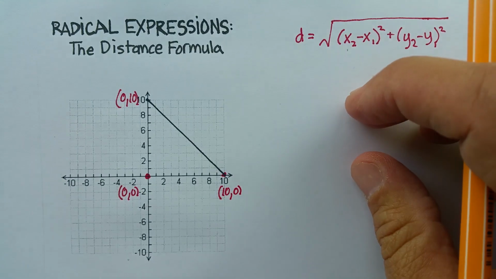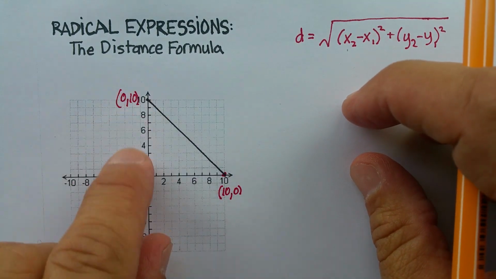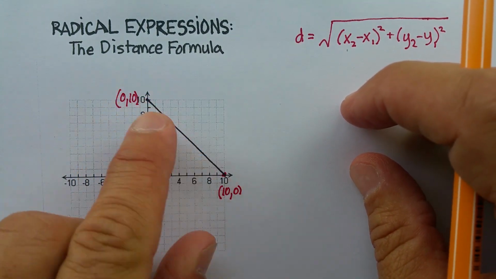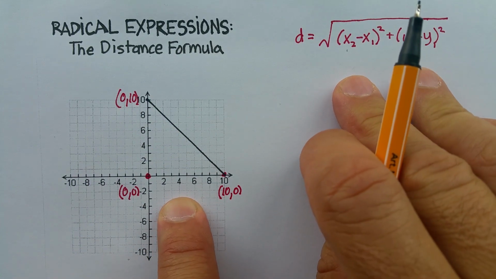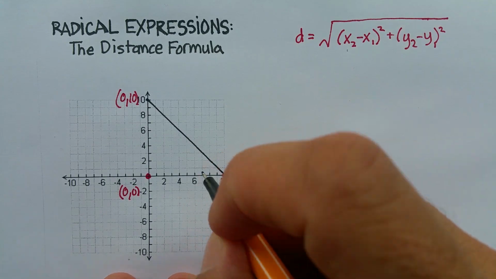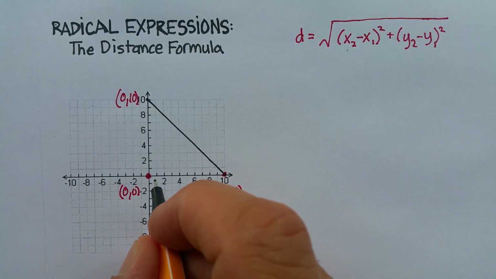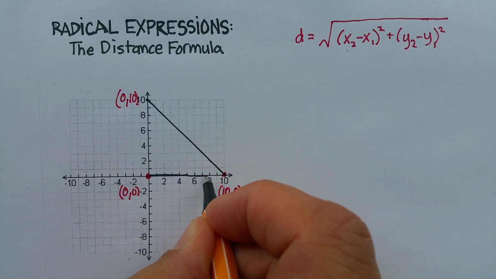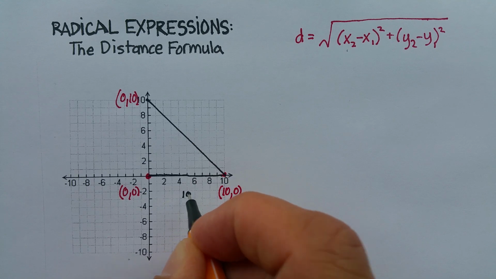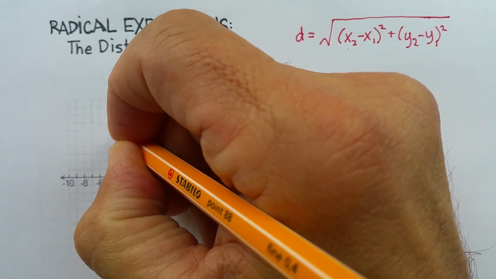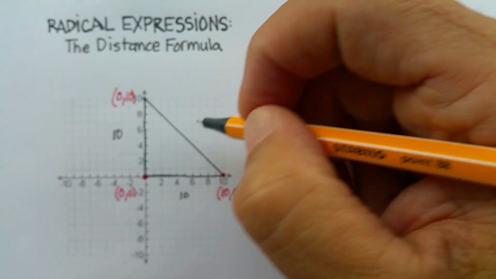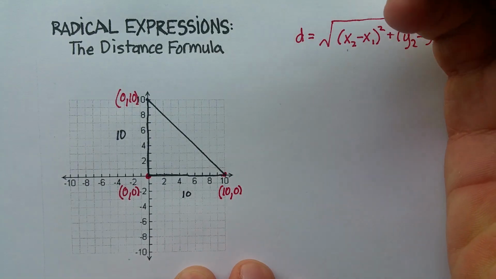I can't just count the number of units over because it's increasing in size. So that's when this distance formula becomes very important. I'm just going to complete this triangle. We already knew that that distance was 10 units, and now we're trying to find the distance of that one.